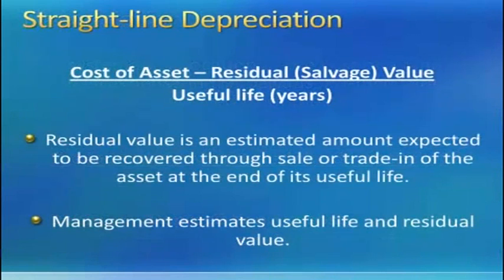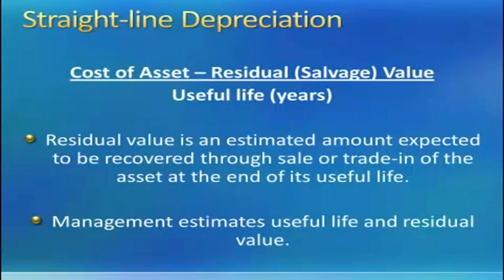There are many ways to calculate the amount of depreciation. The most widely used and easily understood is straight line depreciation. Straight line depreciation is calculated as the cost of the asset minus its residual or salvage value divided by the total useful life. Residual value and useful life are both estimates.